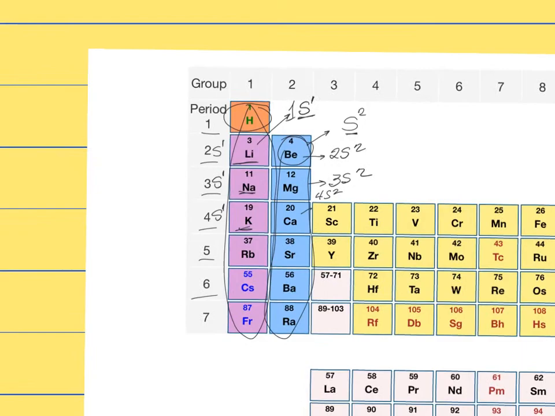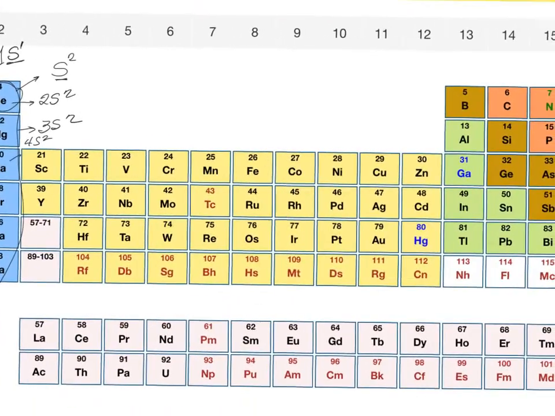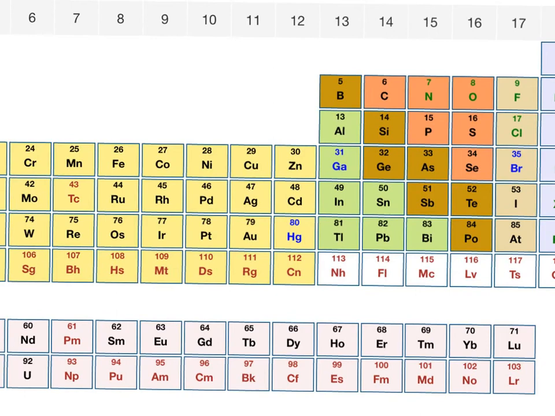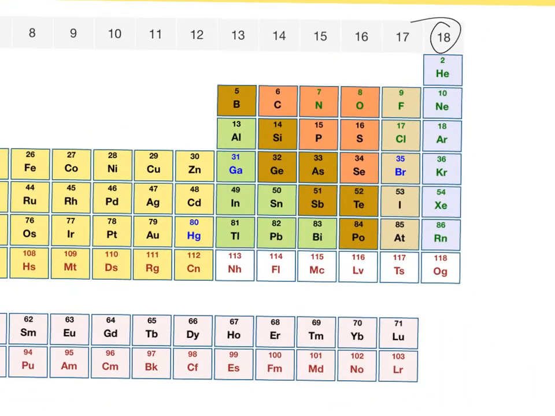Now, the same is happening with other representative elements. You remember that the representative elements are groups 1, 2, and 13 all the way through 18. What happens with groups 13 through 18? For group 13, the ending is going to be in sp, for example s2p1. Ms. Ramos, are you telling me that all these elements are going to have the same ending? The difference is the level of energy.